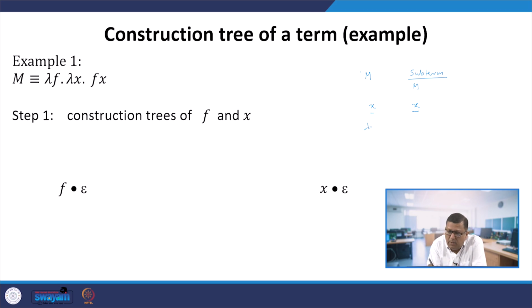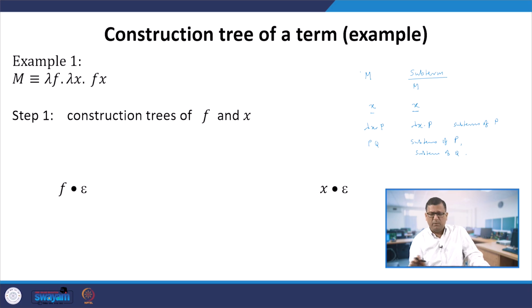If you have a term like lambda x dot P, then lambda x dot P is a subterm as well as all the subterms of P. And if we have a term like PQ, then it will be the subterms of P union the subterms of Q. So these are the subterms.